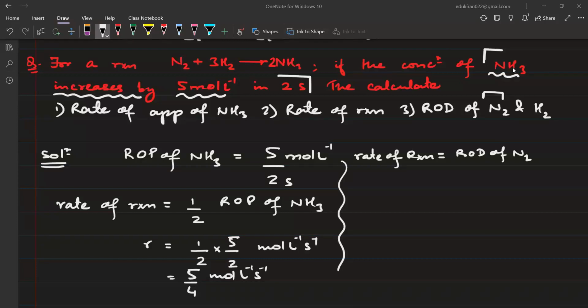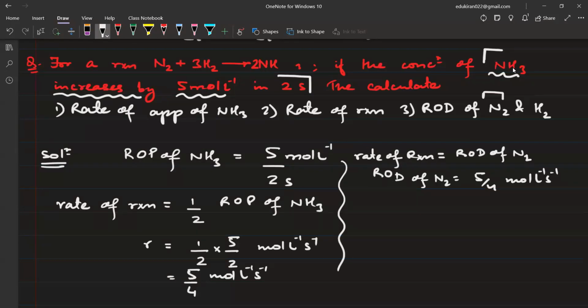I don't need any stoichiometric coefficient because the stoichiometric coefficient of N2 is 1. Can I write it like this? So ROD of N2 is 5/4 moles per liter per second.